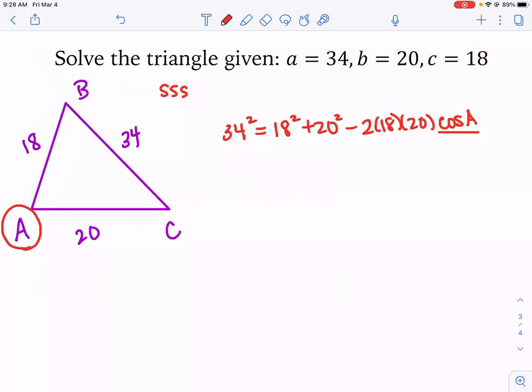No, this stuff is attached to cosine of A. So what we can do is take 34 squared and subtract over 18 squared and subtract over 20 squared. Can you do that for me, please? Take 34 squared, subtract over 18 squared, subtract over 20 squared.